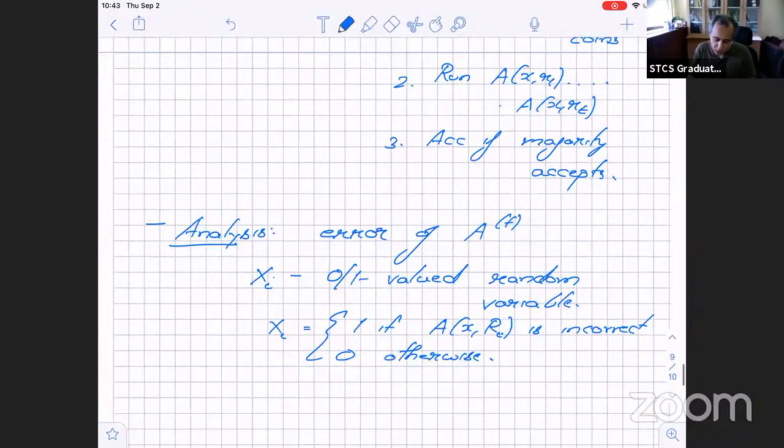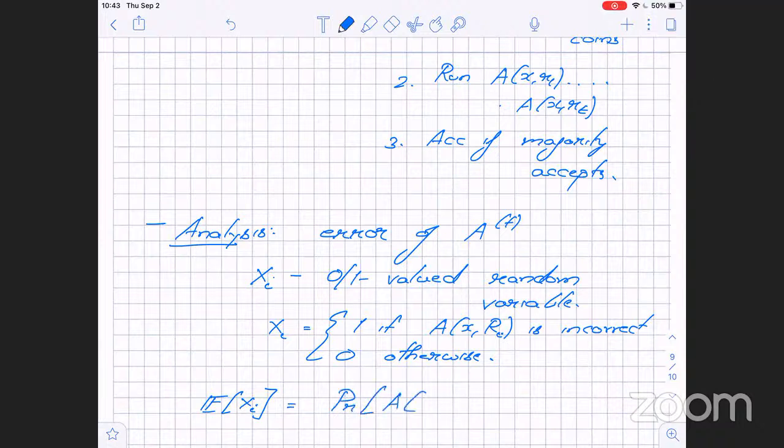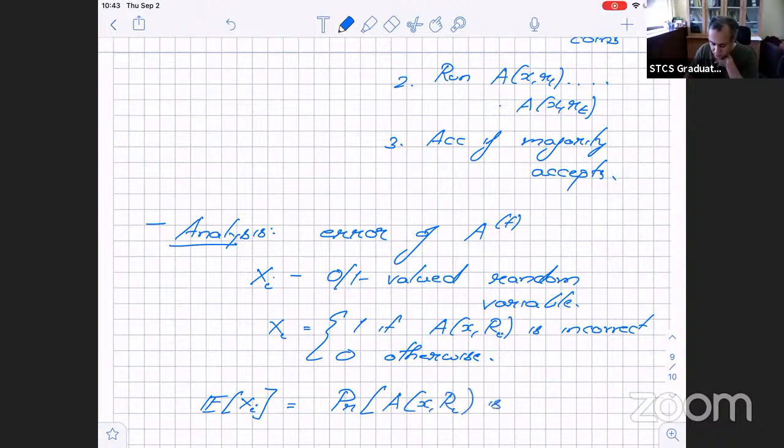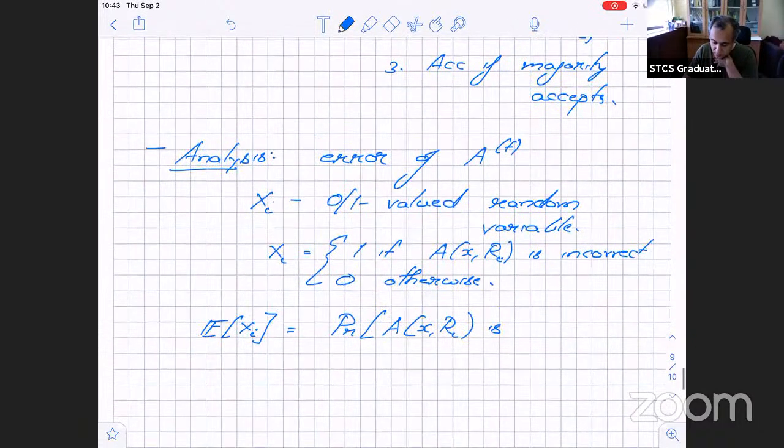So what do we know about expected value of Xi? Expected value of Xi is exactly the probability that A of X Ri is incorrect.